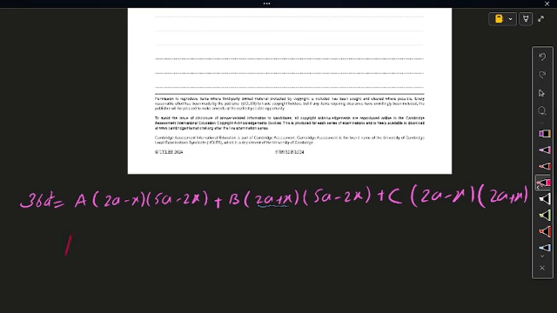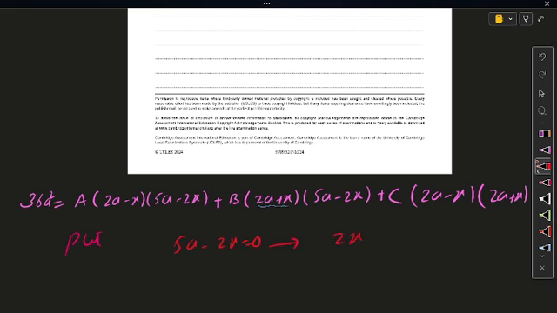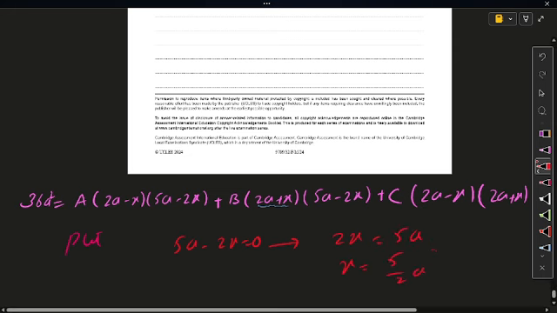If I put x equals to, or you can say 5a minus 2x is equals to 0, through which I can calculate the value of x. 2x is equals to 5a and x is equals to 5 by 2 times of a.